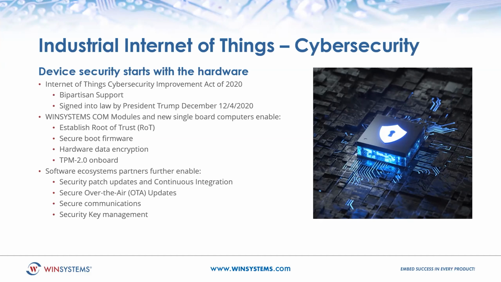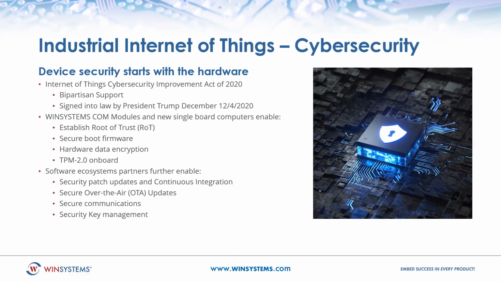There's bipartisan support on a Cybersecurity Improvement Act that went through last year in the US. It was signed into law on December 4th of 2020. That's going to help this, and there's going to be continuing to be more support driven for cybersecurity. We think that's going to be key for the future of embedded products.